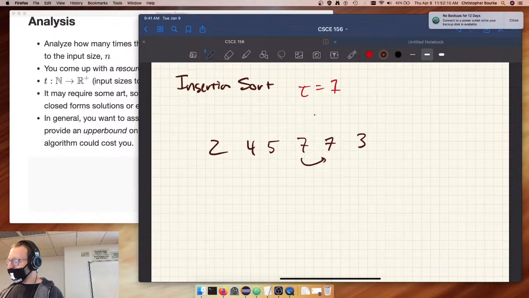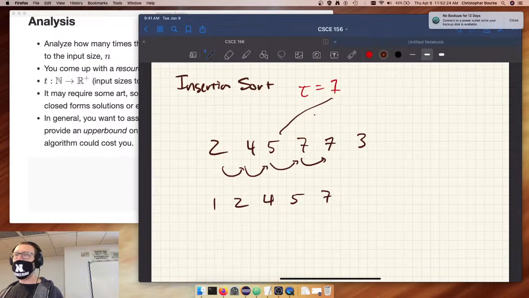We look at 1 and 5, and we see that the 1 would go before it, so we shift 5 up. We shift 4 over. We shift 1 over. And finally, we've got something that looks like 1, 2, 4, 5, 7. And we put 1 where it needs to be. We've inserted it where it needs to be.